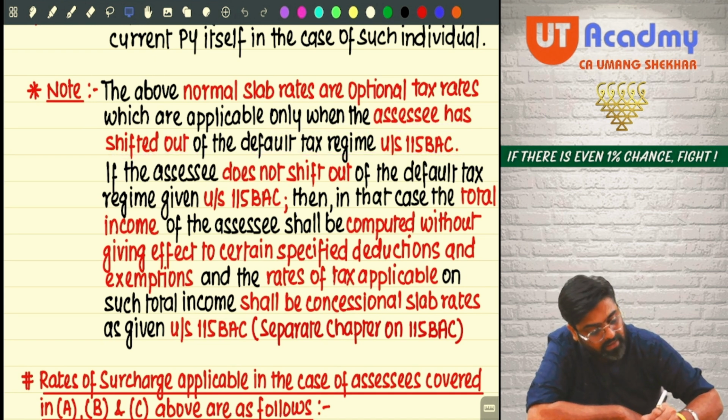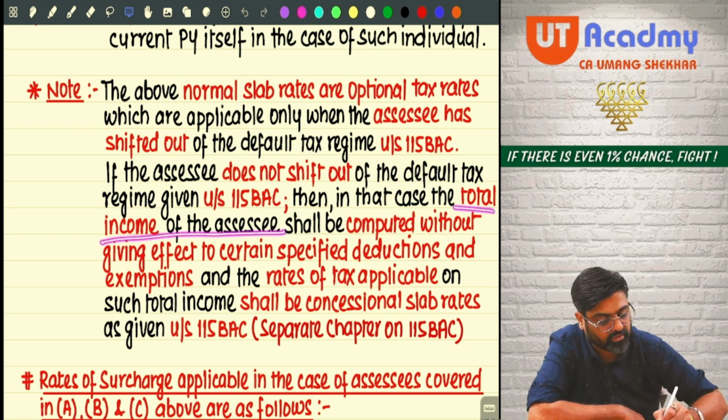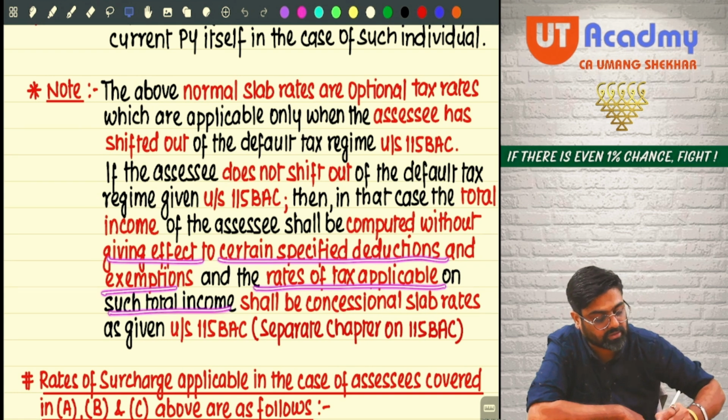If the assessee does not shift out of the default tax regime under section 115 BSE, then in that case the total income of the assessee shall be computed without giving effect to certain specified deductions and exemptions, and the rates of tax applicable on such total income shall be concessional slab rates given under section 115 BSE.